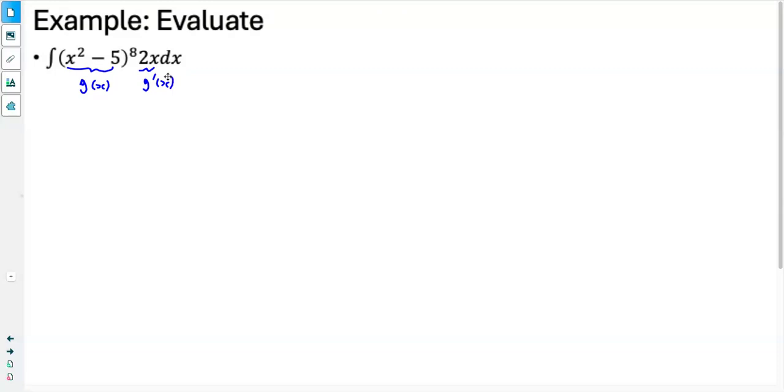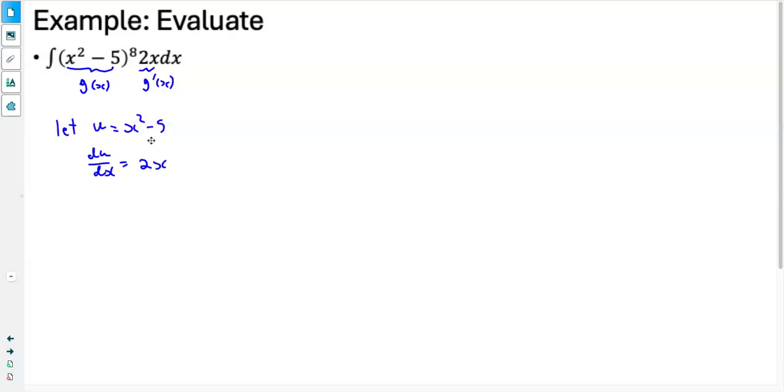So what we're going to do is let u equal our function g of x, which is x squared minus 5. Meanwhile, if we take the derivative of this, we can say du dx is equal to 2x.